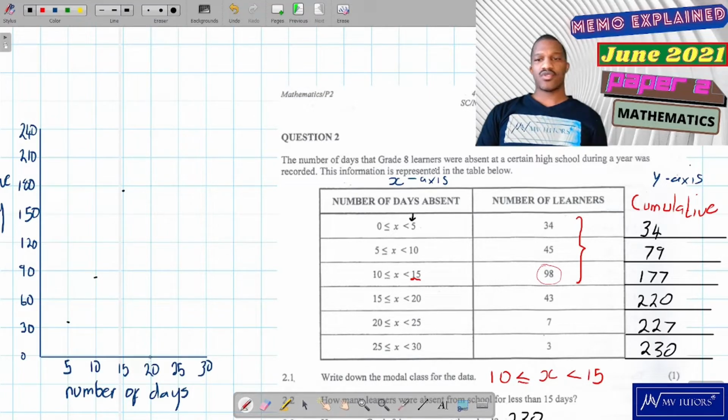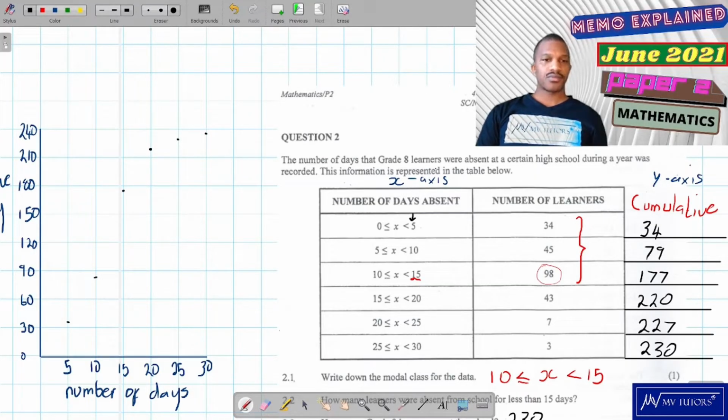Okay, next one is 20 and 220. That's 210, 220 somewhere there. The next one is 25 and 227, which is somewhere there. And then the last one is 30 and 230. 230 then is somewhere there.